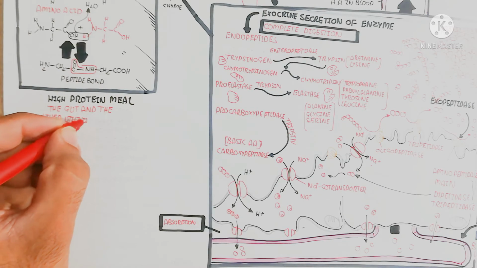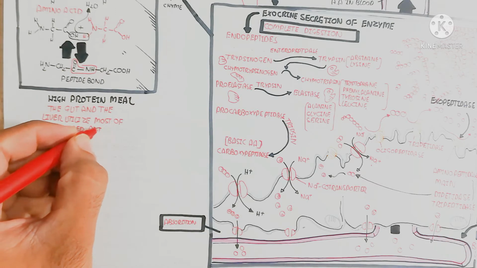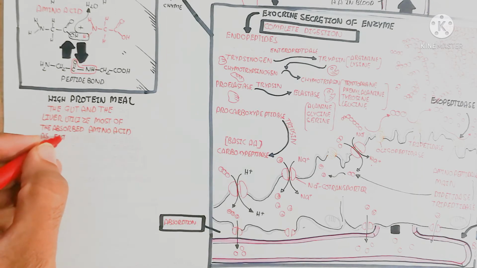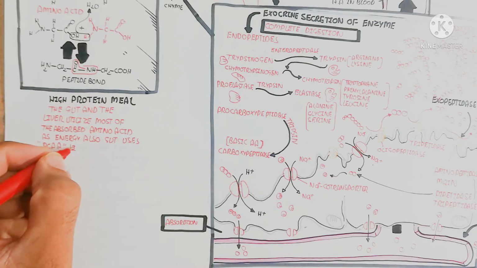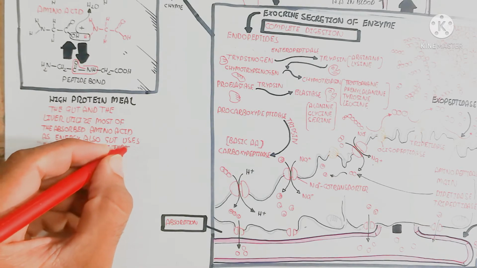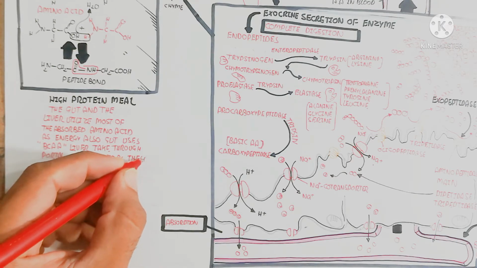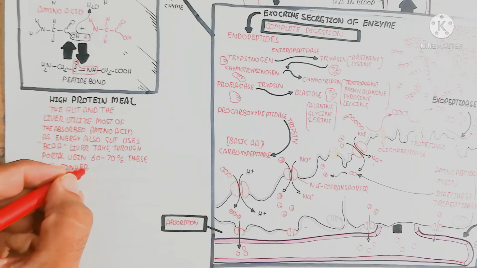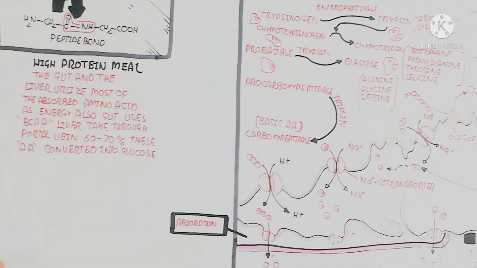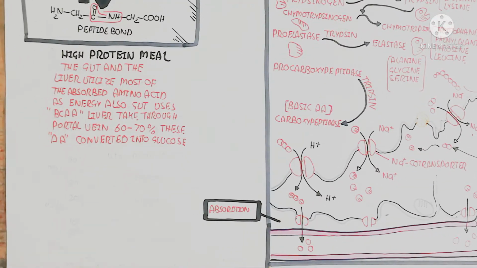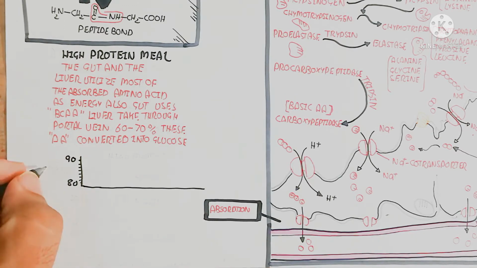The amino acids are used as energy, the gut also uses branched chain amino acids, and the liver takes them through the portal vein; 60 to 70% of these amino acids are converted into glucose. This process is known as gluconeogenesis because glucose is produced from protein. Here I am drawing a graph for understanding as well. For example, when glucose is not taken in, a high amount of protein will maintain the glucose level in the blood.